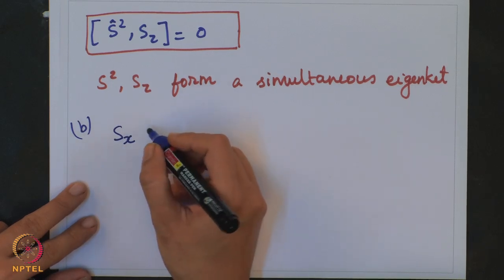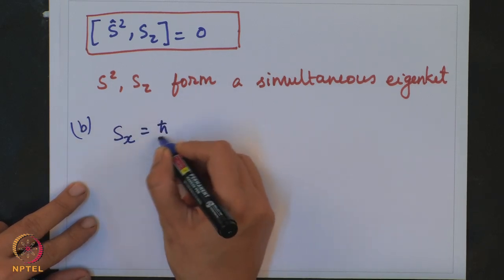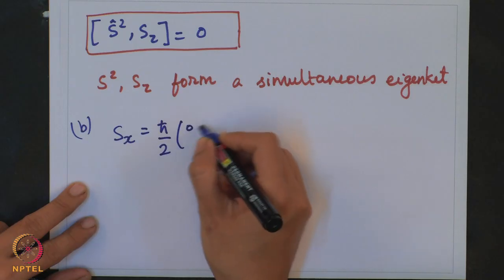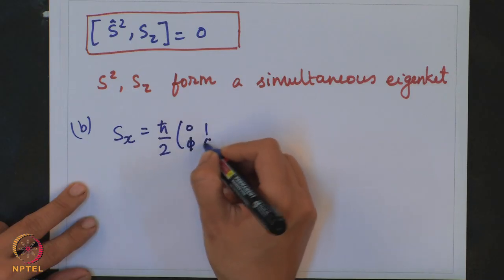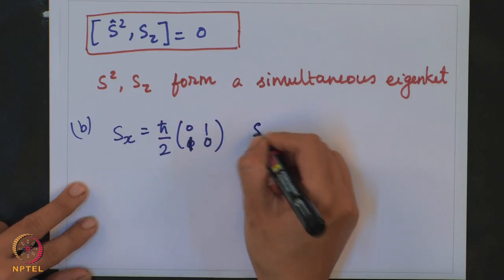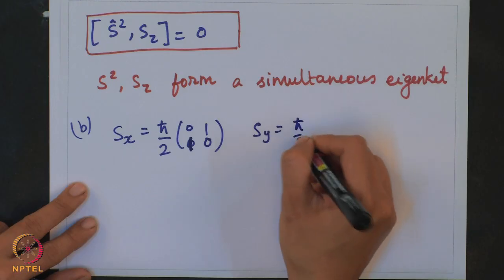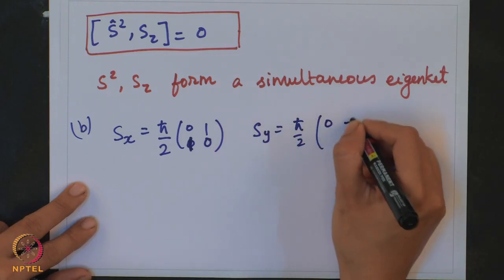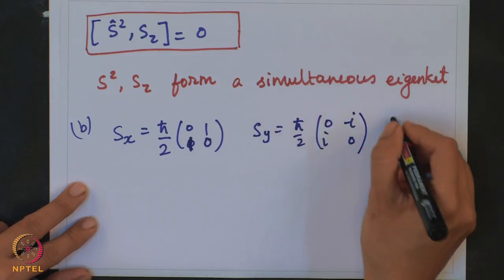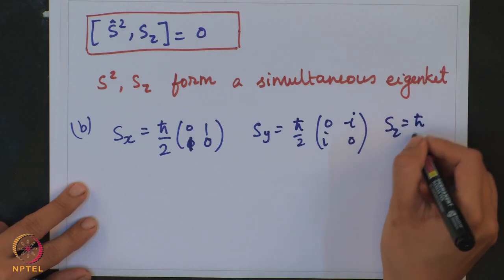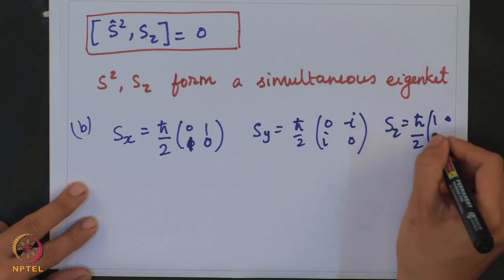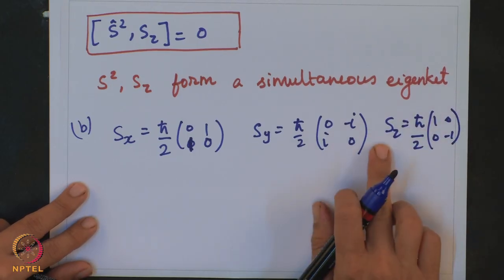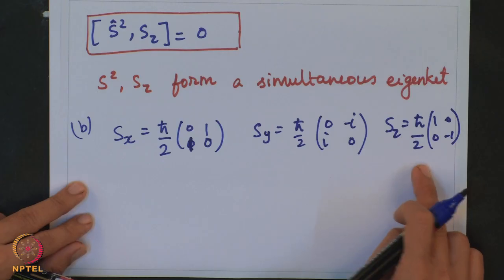Sx in terms of Pauli matrices. We have seen that Sx is ħ/2 times the matrix 0 1; 1 0, Sy is ħ/2 times 0 -i; i 0, and Sz is ħ/2 times 1 0; 0 -1. See, Sz is a diagonal matrix.